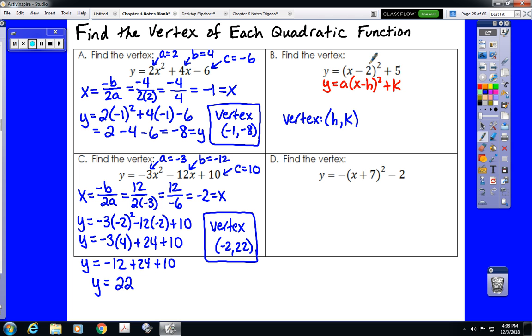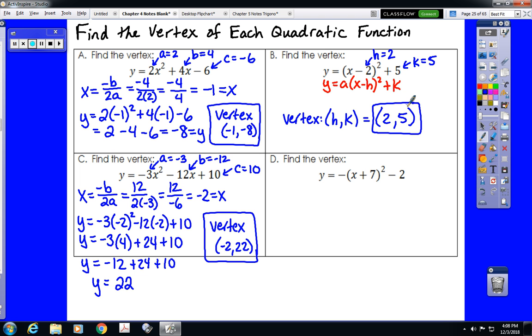So if we look at that, that tells us that the h value is 2. Remember, we have to change the sign on h. So since it's negative in the equation, h is really positive 2. And k is exactly what it says in the equation. K is 5. So this vertex is located at 2, 5.